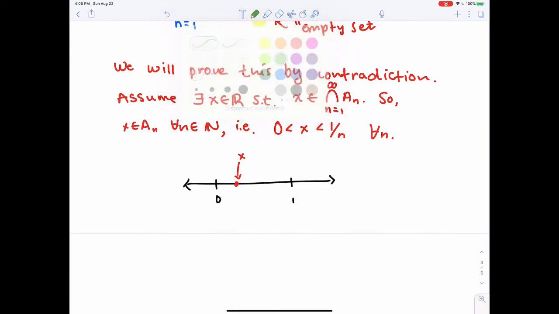So remember how our right endpoint worked. Here was the right endpoint over here at 1 for A sub 1. And then we moved it over to a half for A sub 2, and then a third, and then a fourth. And notice that eventually the right endpoint is going to have to move past x.